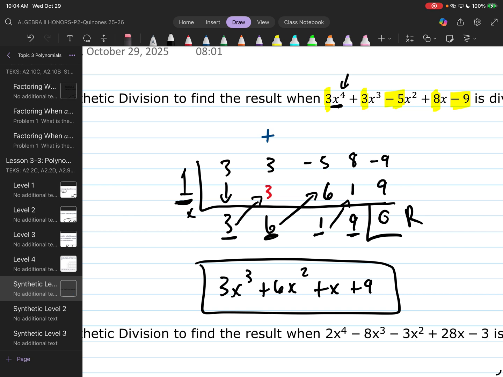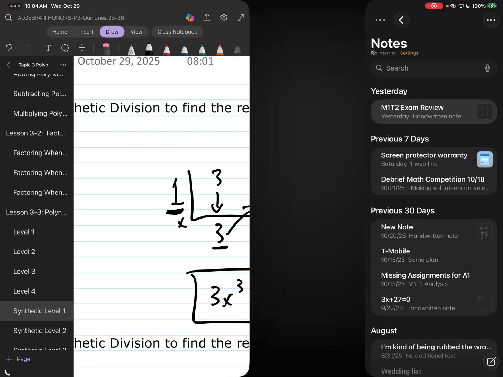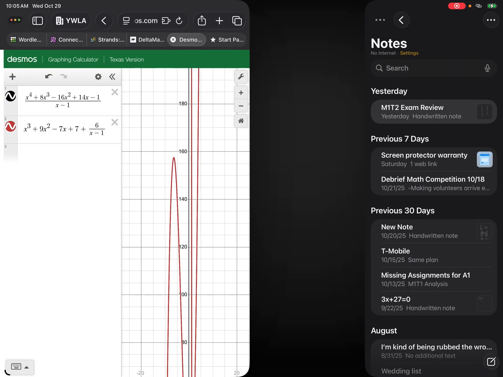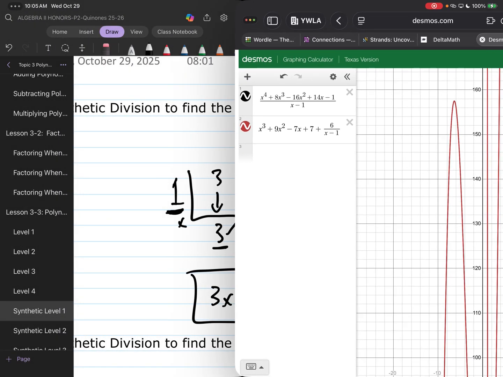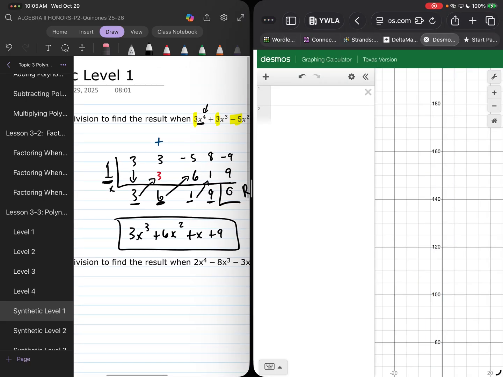Let's prove to see if this is even true. Here we go. So what are we doing? What operations are we doing?